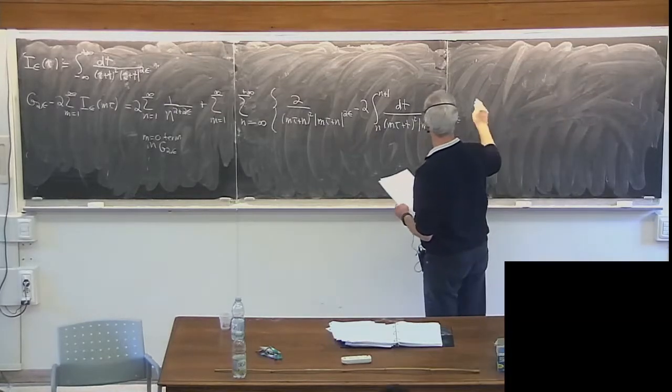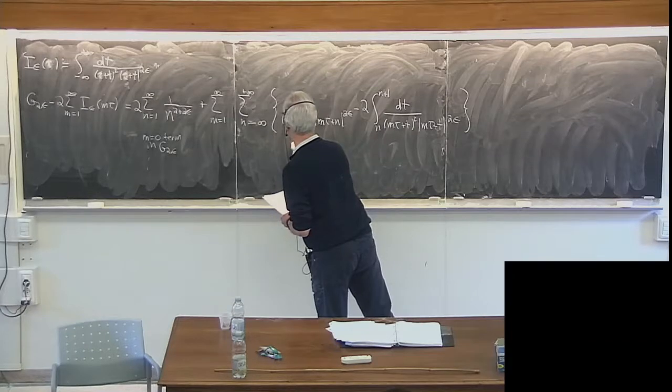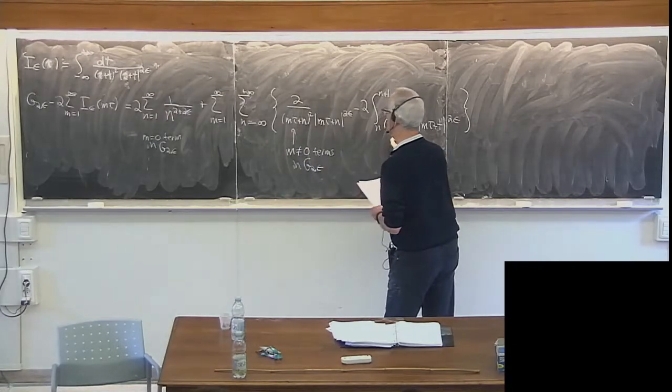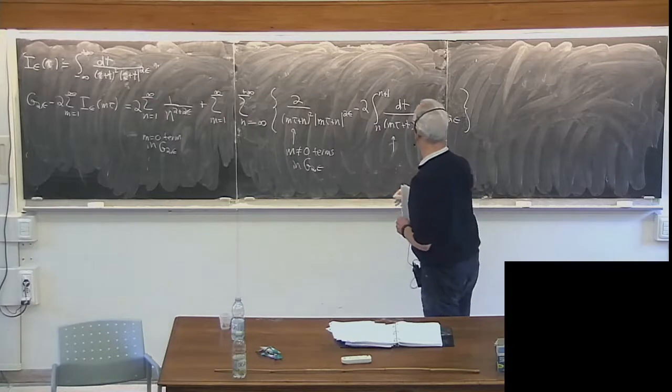So this term comes from all the m not equal to 0 terms in G2 epsilon.